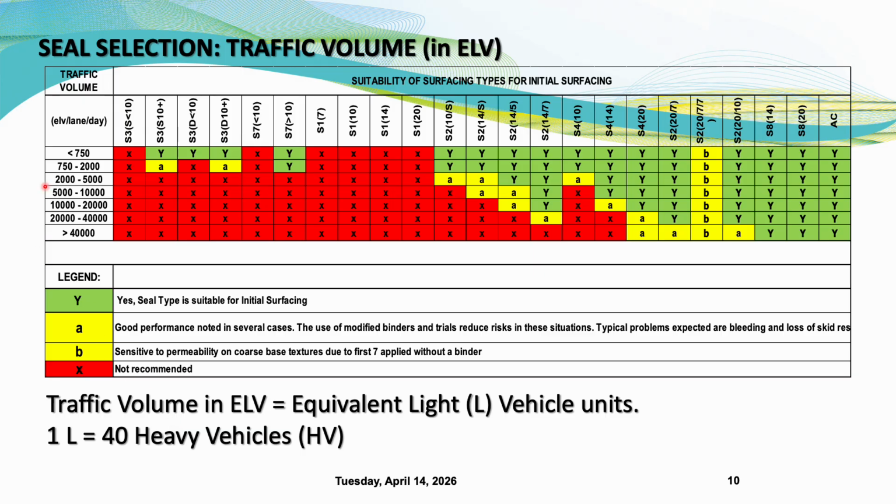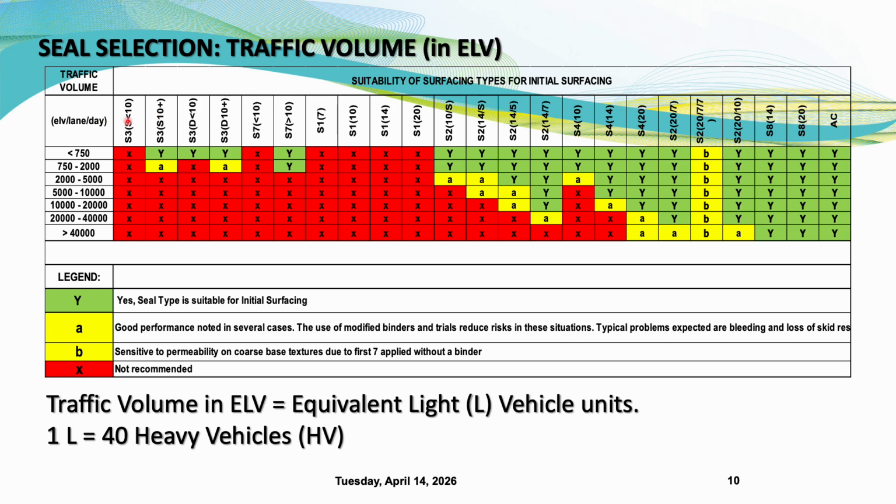In essence, this is dealing with the traffic volume, the very first element of the 6, and equivalent light vehicle units. So for different traffic volumes, you've got different options of seals.